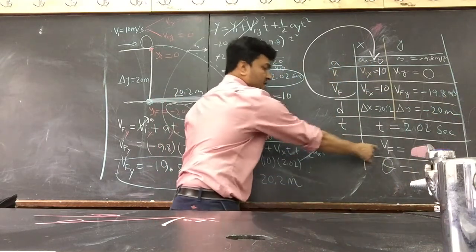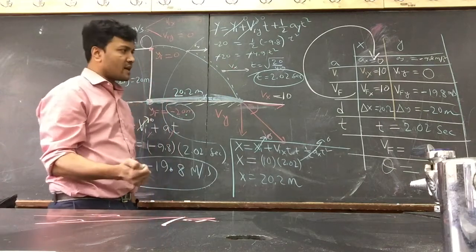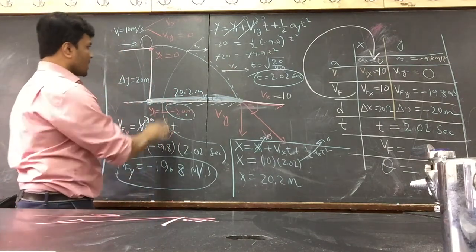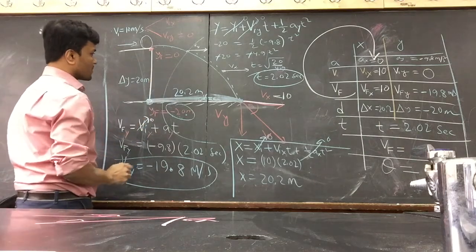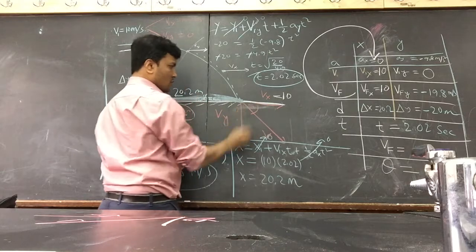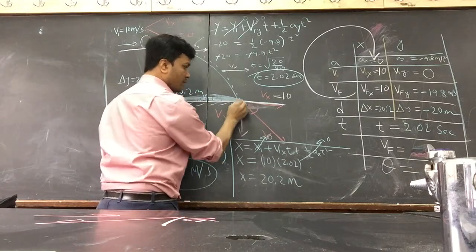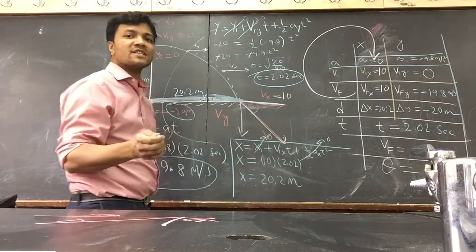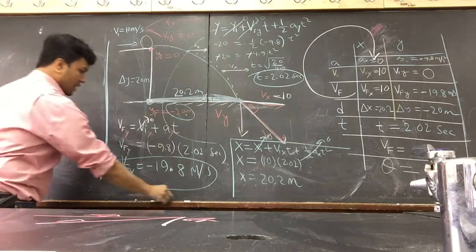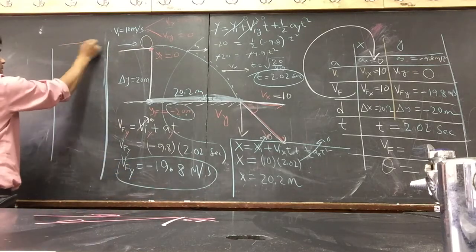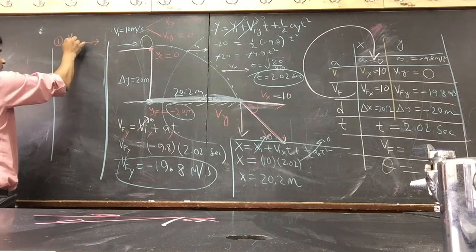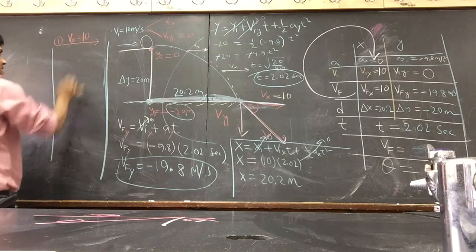What is the v final? Now we're going to find the v final. How can we find v final? That's very easy. We have space over here. We have one arrow, two arrows, three arrows, so you're going to do vector addition. Arrow number 1 is named Vx and its magnitude is 10.